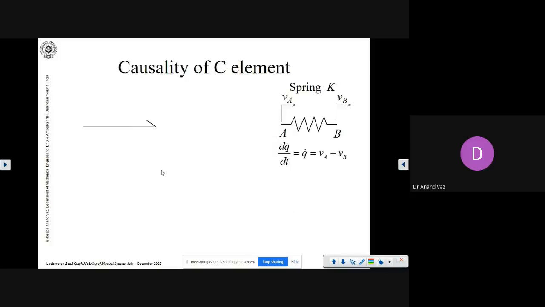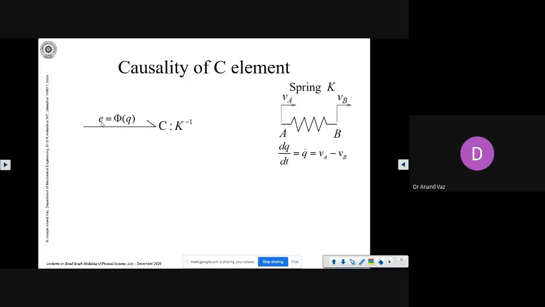Now coming to the bond graph representation of the C element, I had discussed with you last time that the C element represents compliance. Since we are considering a spring, the stiffness is the inverse of the compliance, so we'll write a K inverse here.